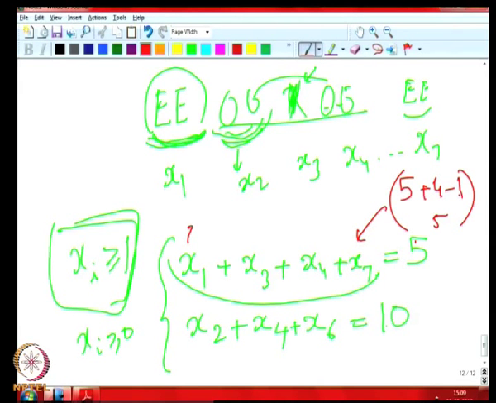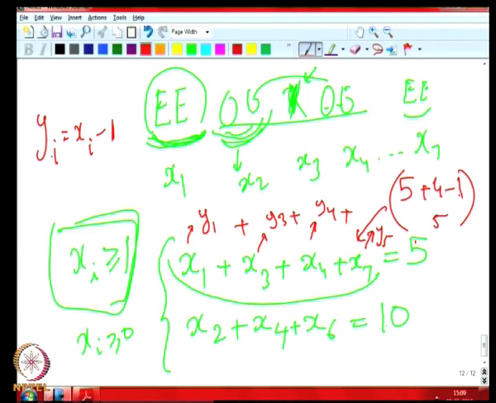So, we can convert the problem: we will define y1, y3, y5 and y7 corresponding to this, and they should add up to something. So what is this yi? yi is equal to xi minus 1, because here each xi has to be at least 1.